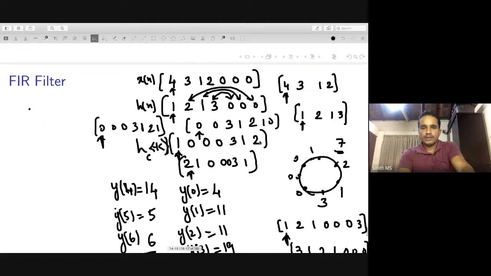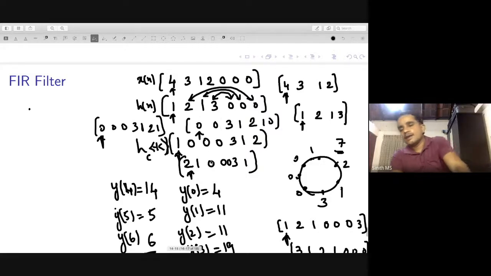So you have 3, 1, 2. If you multiply these two, you will be multiplying 1 and 4. That will be the output for y of 0, 4. Because all these are zero padded, when you do circular time reversal and multiply, all this vanishes.